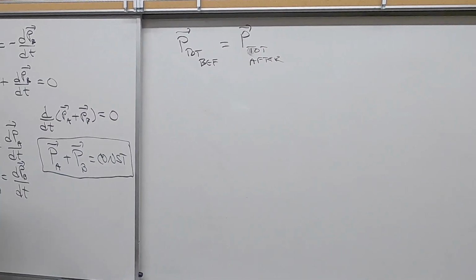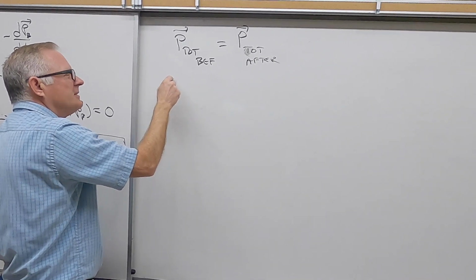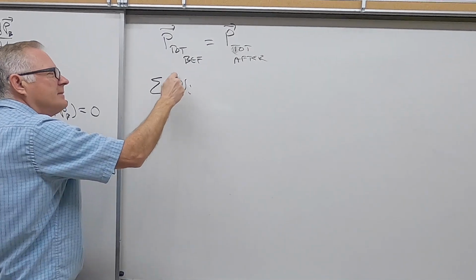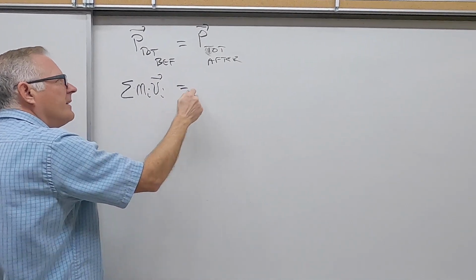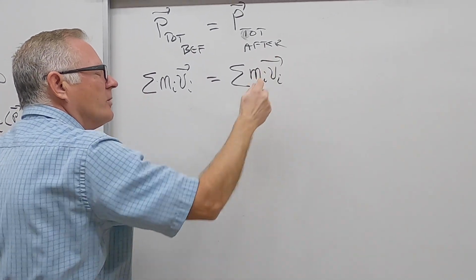Okay, so this is what we'll use, and so this is just all the mvs. Remember, these are just the sum of all the m sub i, v sub i's before, and it should equal the sum of all the m sub i, v sub i's afterwards.